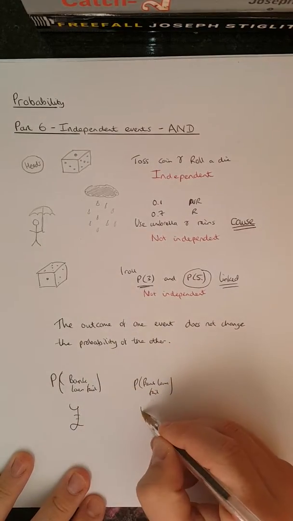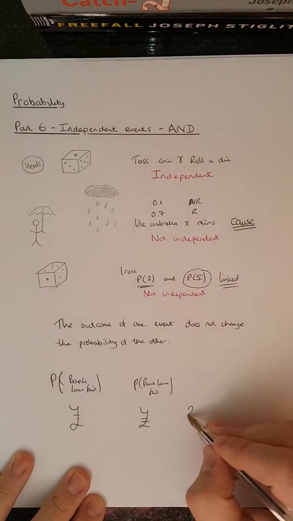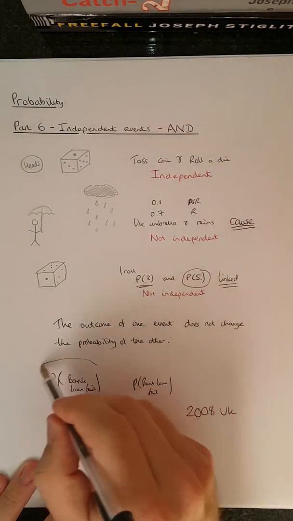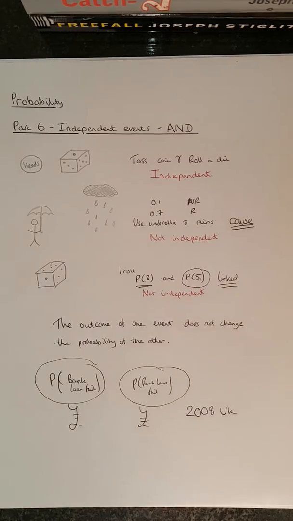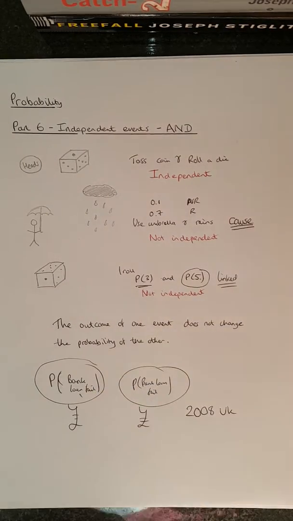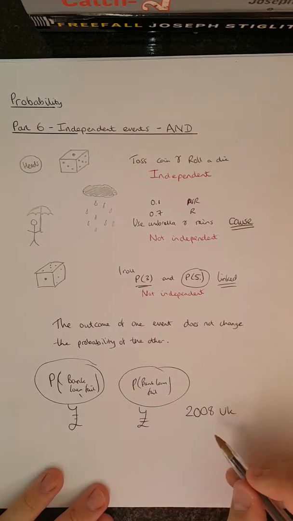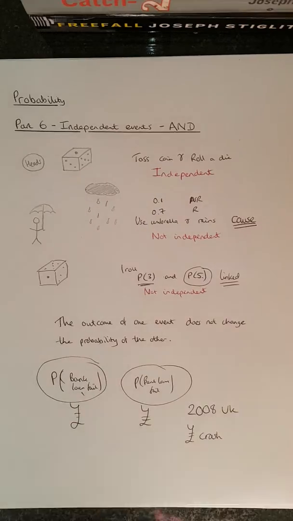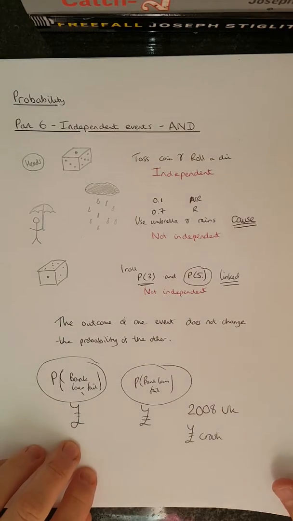Now, what happened in 2008 in the UK and the rest of the world was, we realised that these events were not truly independent and that this had an impact. Understanding independent events was part of the reason that we had such a big financial crash, which has changed your life wherever you live. So independent events are really important.